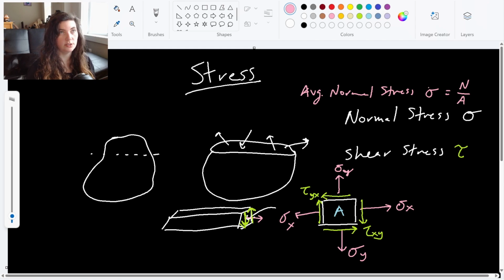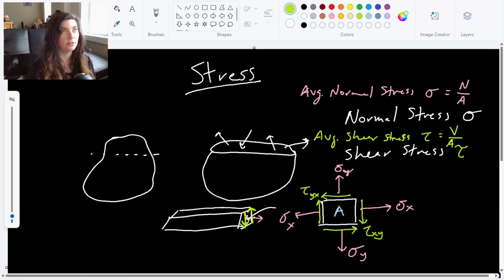So sigma, normal stress, equals the normal force over the cross-sectional area. And if we wanted to calculate the average shear stress for this cross-sectional area, that would be tau, the shear V that we calculate from the beam, divided by this cross-sectional area A. So these are the two equations that we're going to be starting out with.